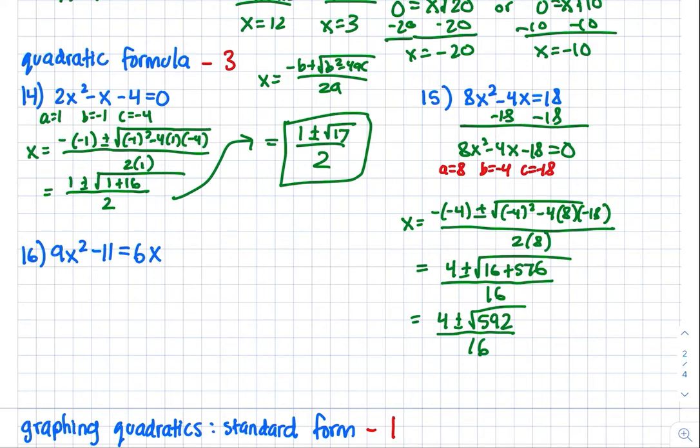now what we do here is we see if we can simplify that square root of 592. Well, 592 could be divisible by 4. It could be divisible by 8. So 592 can be divisible by 16.